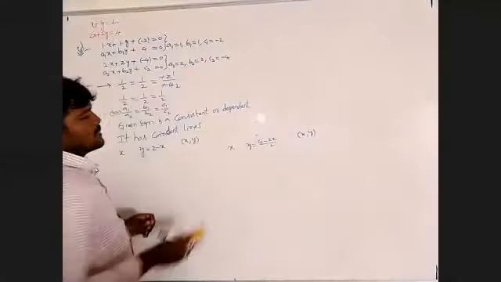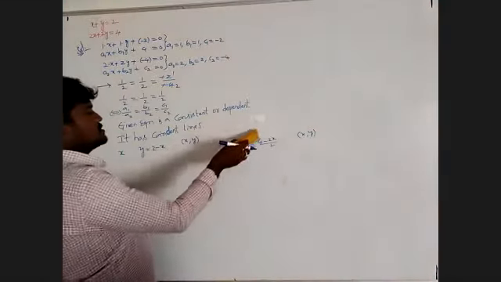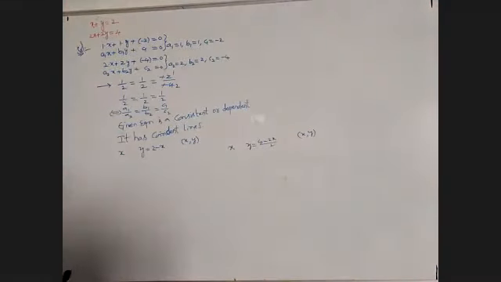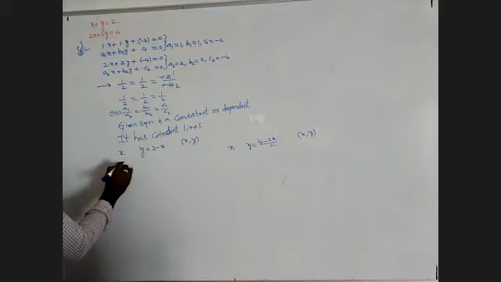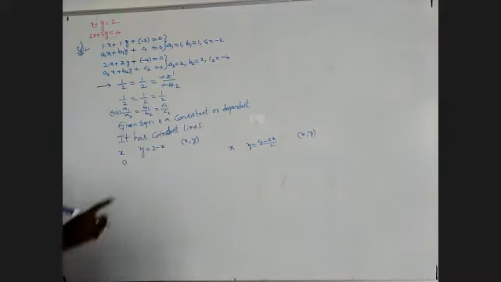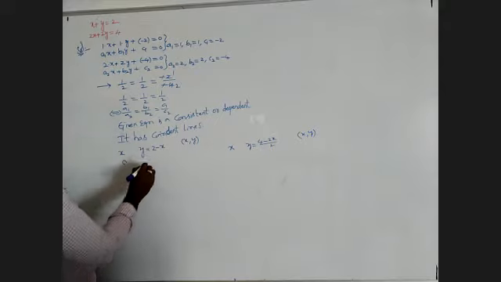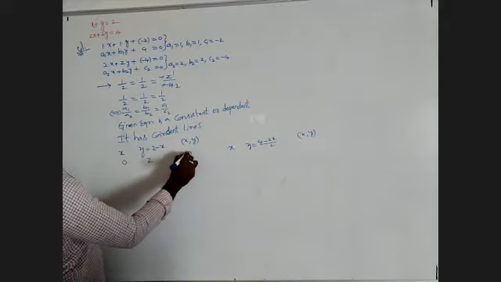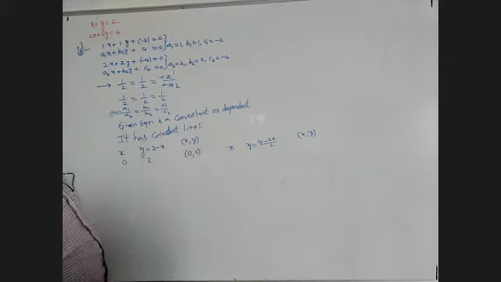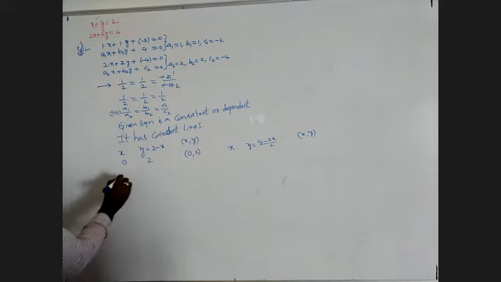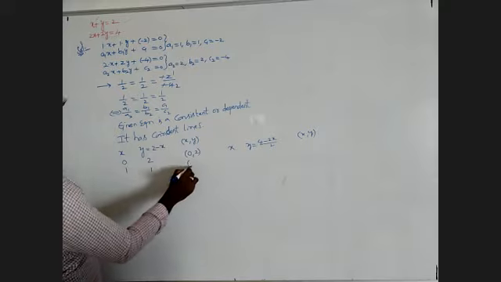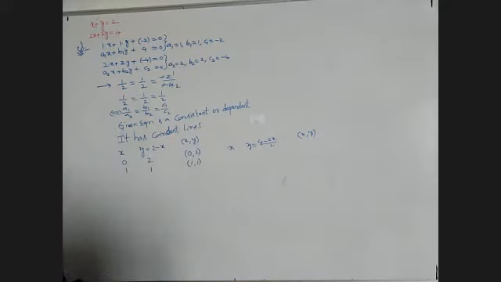That means, here first I have to take the values of x. Finally, we have to find out the value of y. Here first I have to take x is equal to 0, y is equal to 2 minus 0 becomes 2. The point is 0 comma 2. And also I have to take x is equal to 1, 2 minus 1 becomes 1, that we have to write as 1 comma 1.